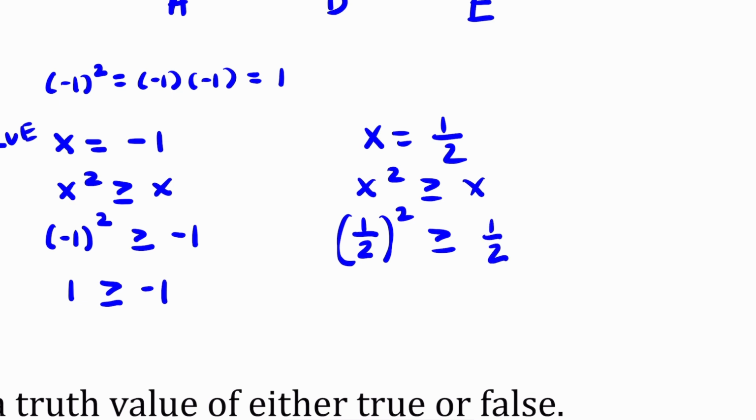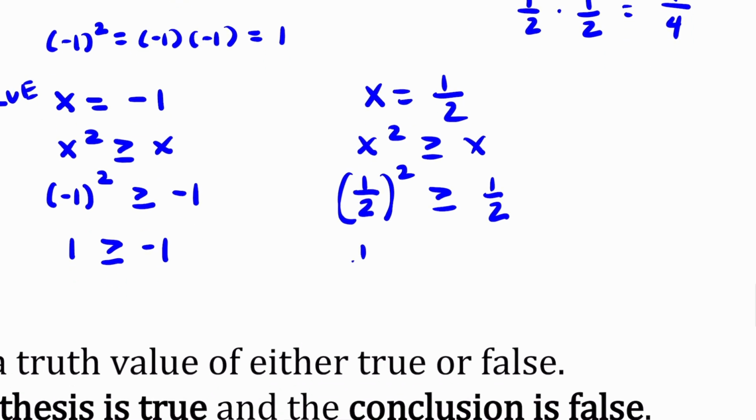So (1/2) quantity squared is basically saying 1/2 times 1/2. 1 times 1 is just 1, and 2 times 2 is 4. So (1/2) squared is 1/4. Is 1/4 greater than or equal to 1/2?